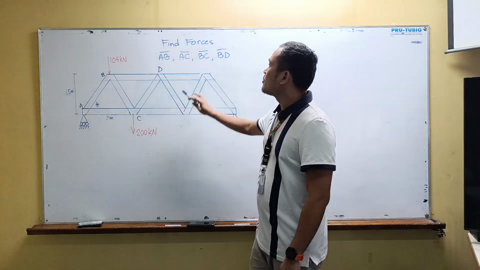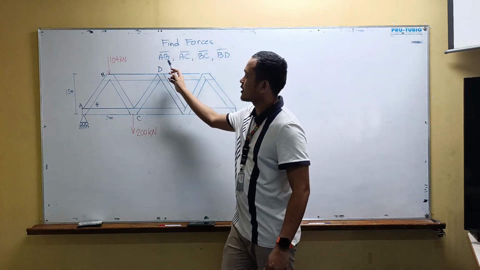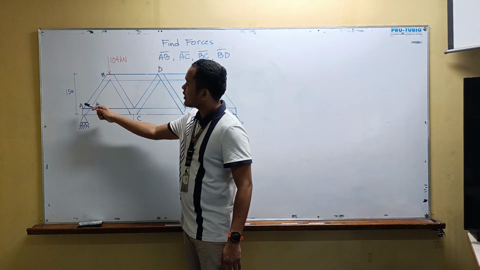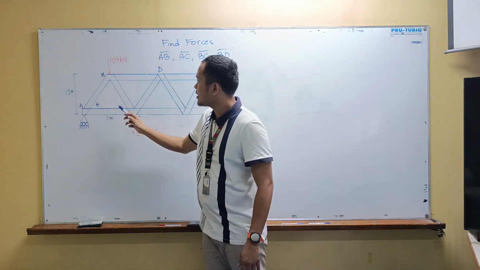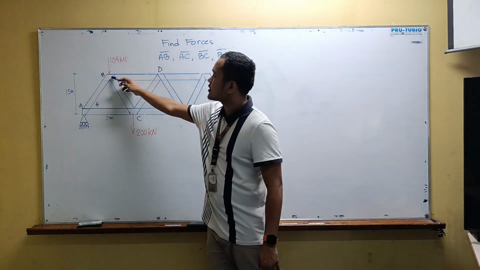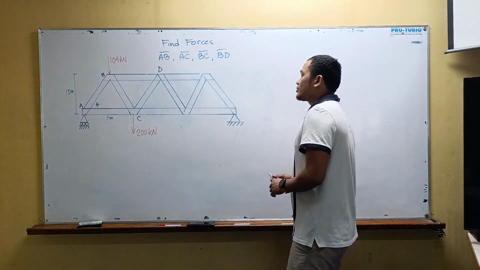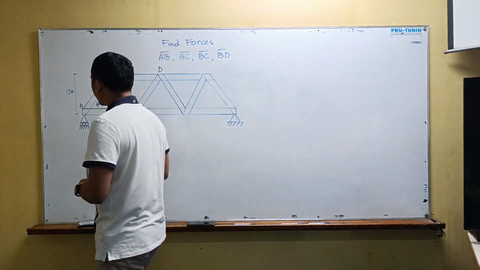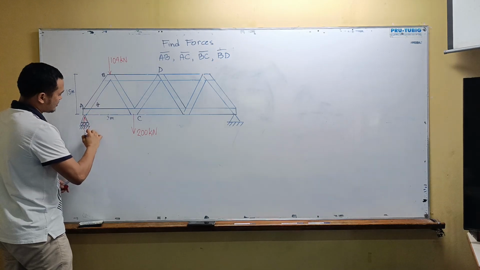For this problem, we are asked to find the forces at member AB, member AC, and then BC and BD. The first thing that we have to do is to solve for RA. Why is that?